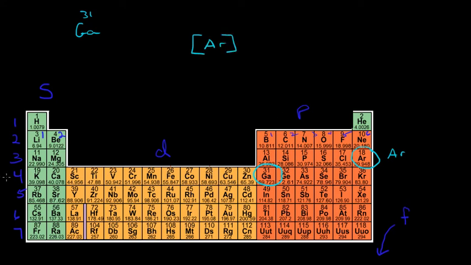So we write argon, and then it goes through 4s2, and then remember that's 3d, 3d10, and then it goes back up to 4 here because it's not a d, it's p, so it's going to be 4p1.